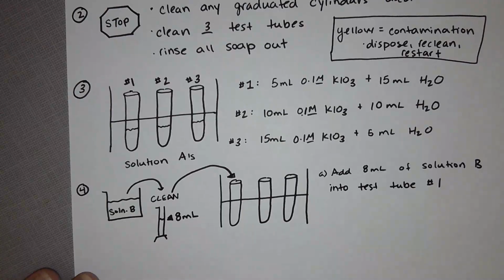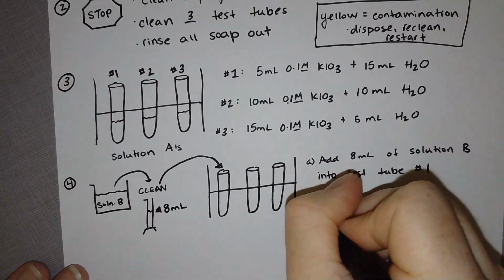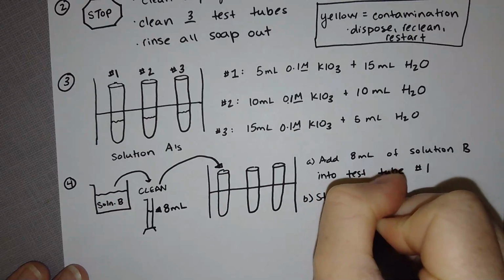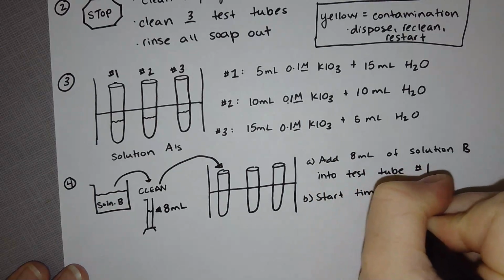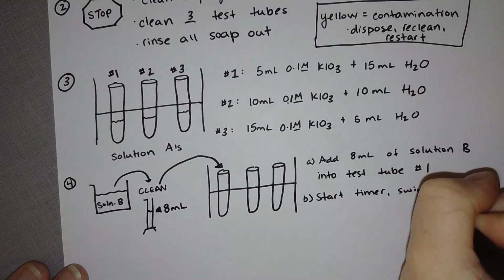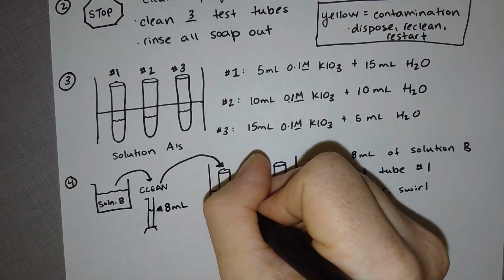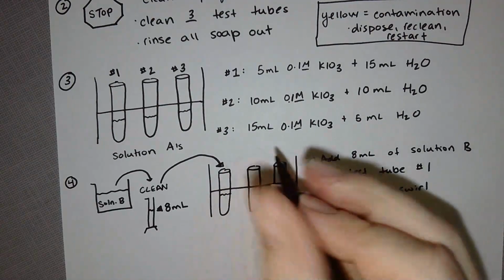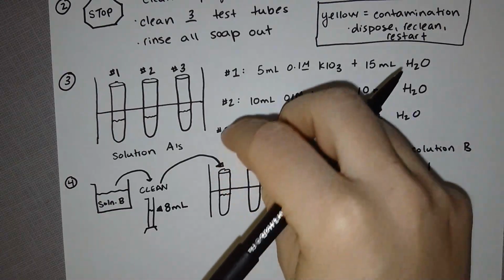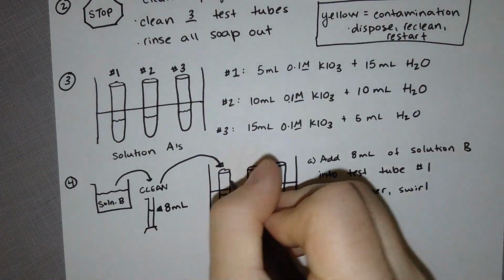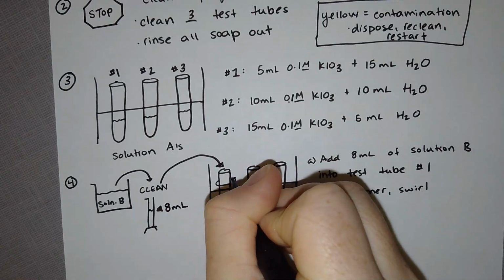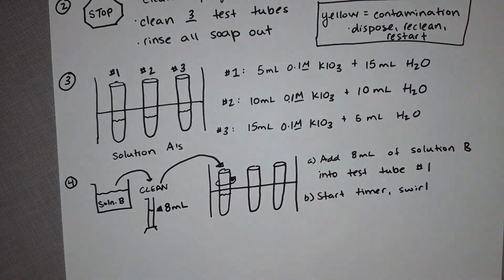And the second you do that, you're going to hit start on your timer, and you're going to swirl it. Now, we're not mixing aggressively, but you are going to have 28 mils of liquid in here. Go ahead, you can take the test tube out of the container and you're just going to swirl it around in your hand. But you do want to swirl it so you get it nice and mixed.